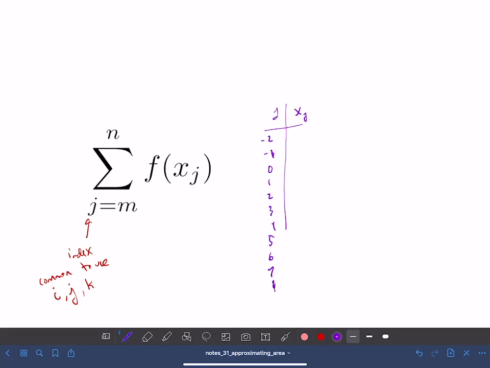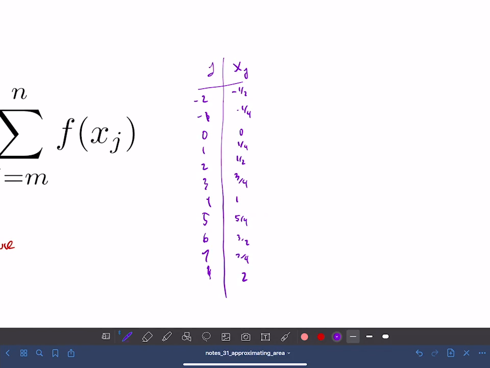Let's make those, say, be like -1/2, -1/4, 0, 1/4, 1/2, 3/4, 1, 5/4, 3/2, 7/4, and 2.